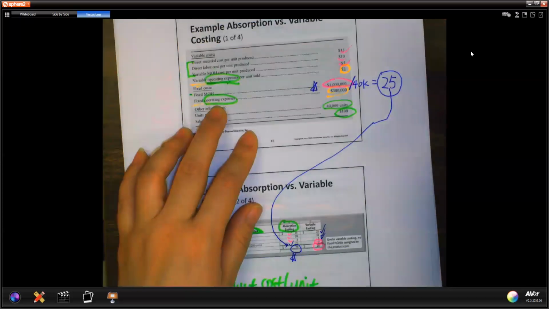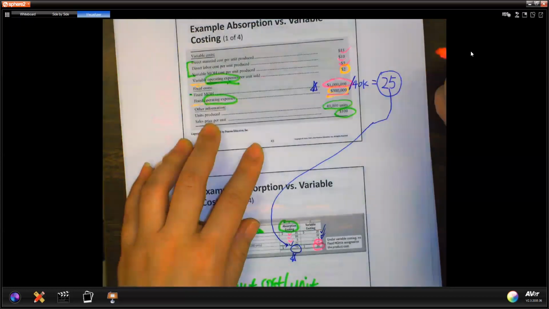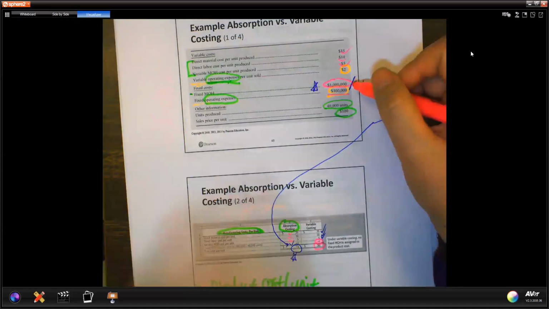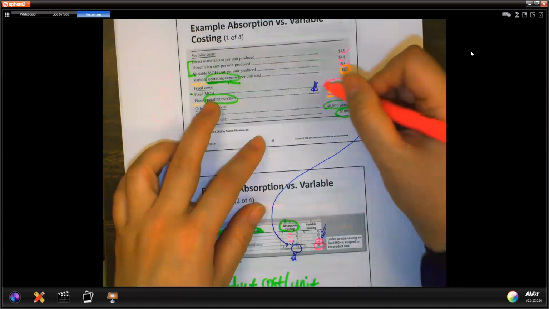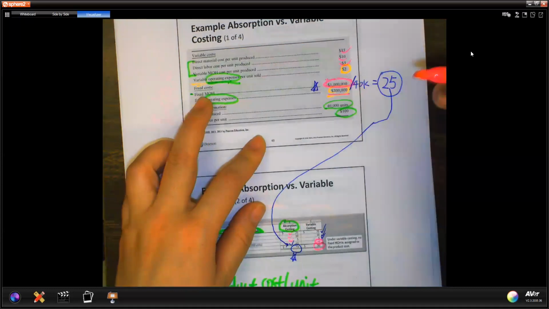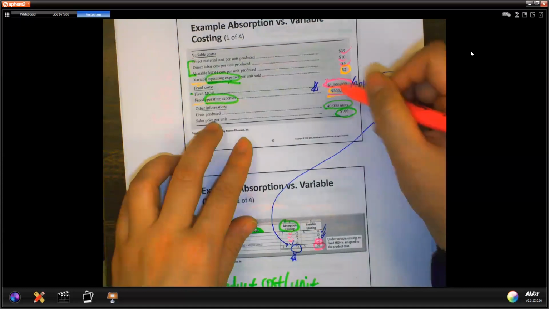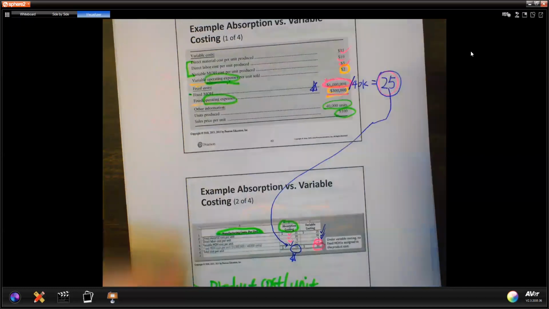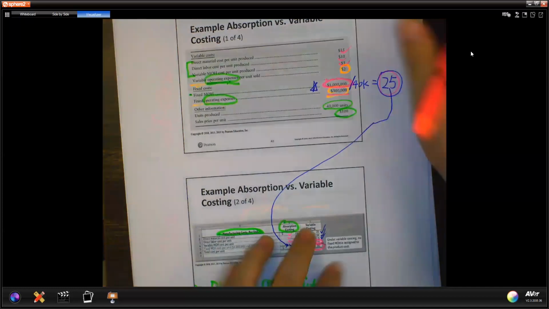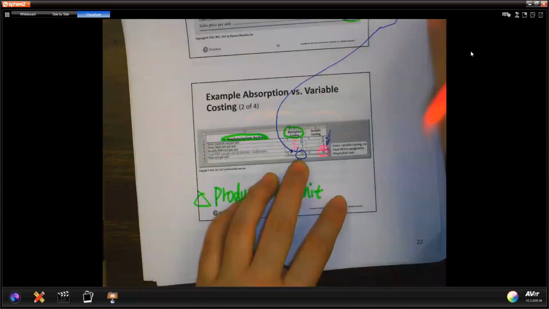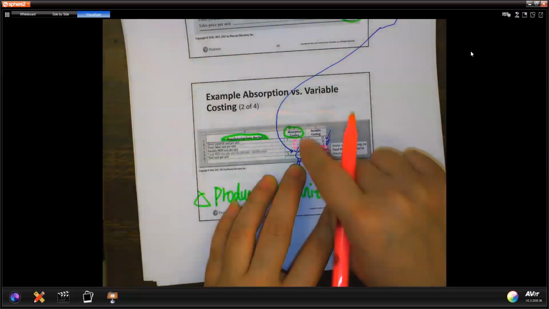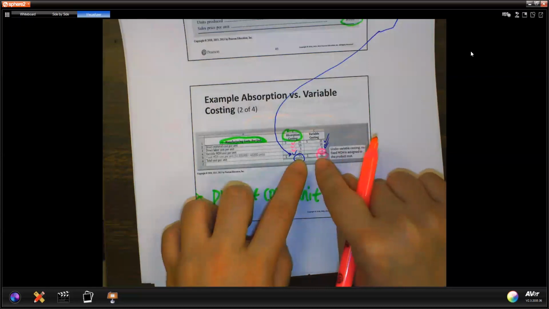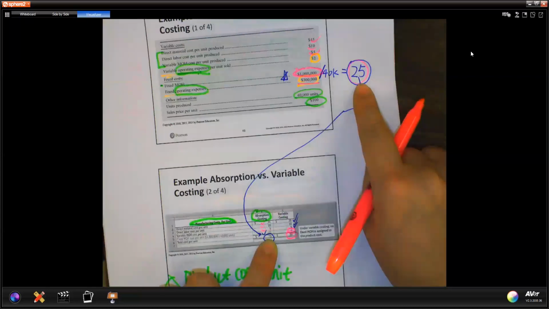You spent a total of $1 million on fixed manufacturing overhead and made 40,000 units, so each one gets $25. So your total product cost under absorption costing is $75. The difference between 75 and 50 is 25, because of the fixed manufacturing overhead.